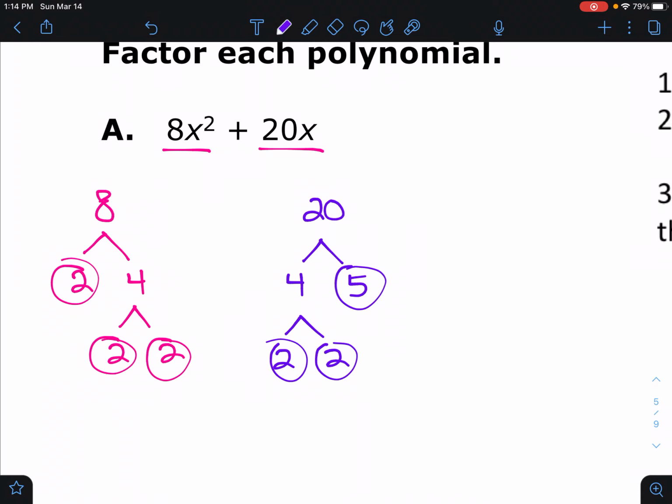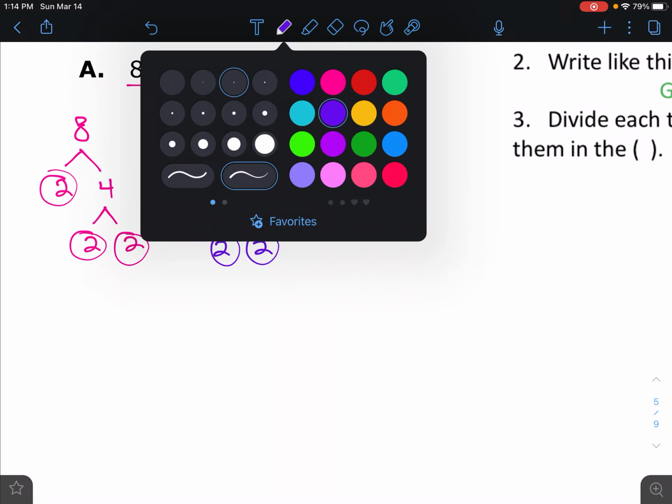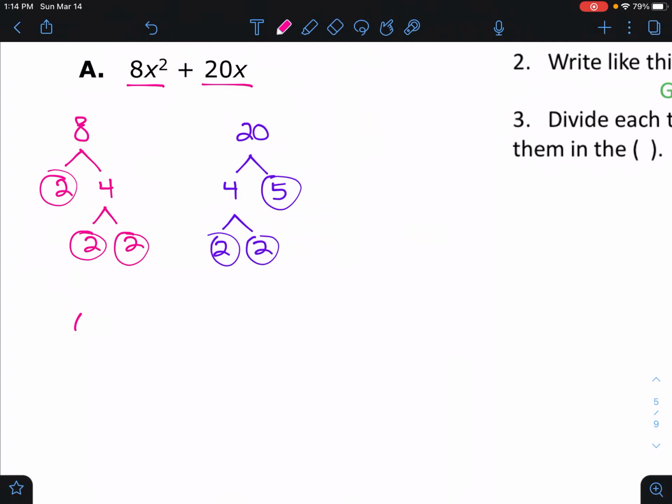Okay, now to find my GCF, I'm going to write them over each other. So I'm going to write 8x squared is the same as 2 times 2 times 2 times x. Okay? 20x would be, let's see, 2 times 2 times 5 times x.